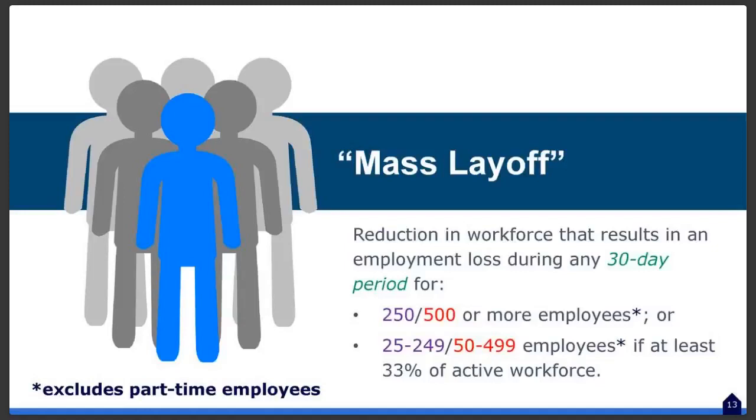If there are less than those numbers under the respective laws, then the question is, are there nonetheless at least 25 or 50 under the state and federal laws respectively? And then if so, do the number of employees count as at least 33%, 1/3 of the active workforce? Again, all excluding part-time employees.